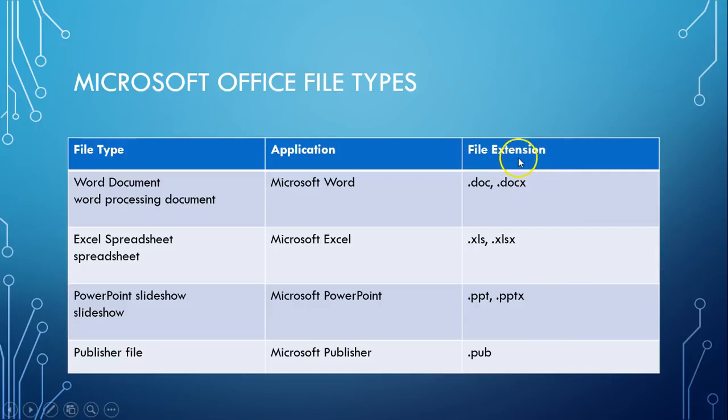The reason for that is because DOC, XLS, and PPT are all part of an older version of Word, Excel, and PowerPoint, where they didn't have XML support, so pretty much anything like 2007 and older. The X format right here pretty much just means that it has XML support, and that's the new format that pretty much all new documents are typically created with at this point in time.